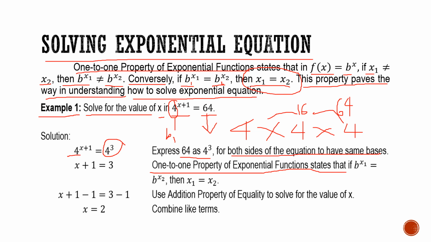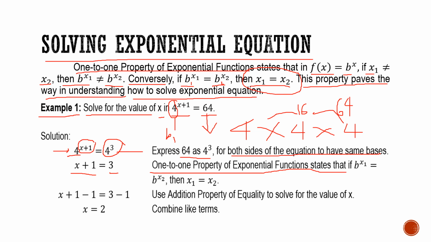Since we have the same bases here, your b sub 1 is 4, then your b sub 2 is also 4, then we can assume that x plus 1, your exponent in base 1, is equal to your exponent in base 2, which is equal to 3.